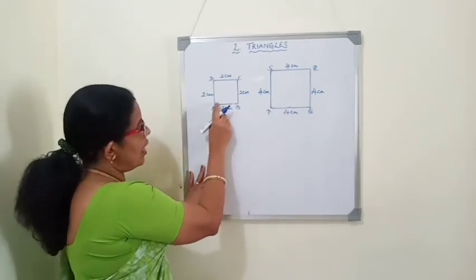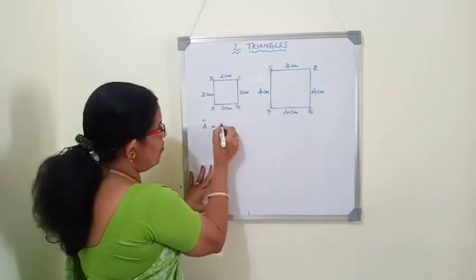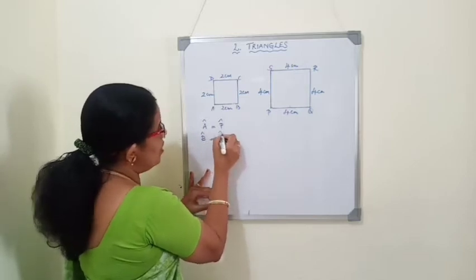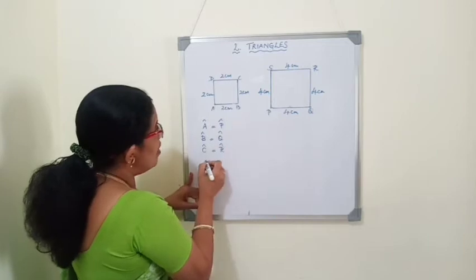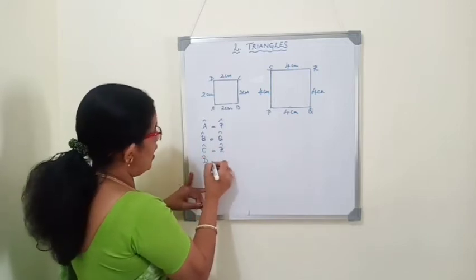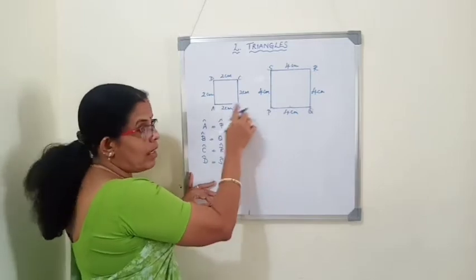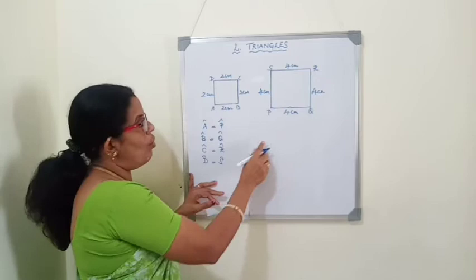That is, angle A is equal to angle P, angle B is equal to angle Q, angle C is equal to angle R, angle D is equal to angle S. All the corresponding angles should be equal and the corresponding sides should be in the same ratio or in proportion.